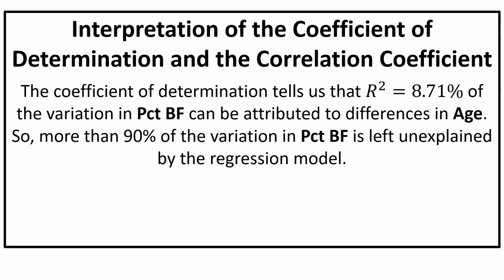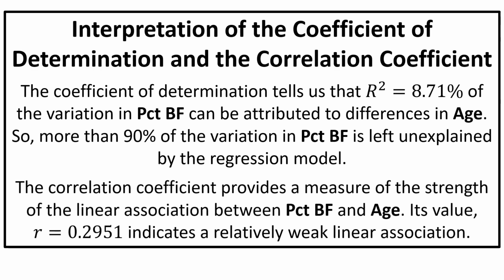Probably most of this unexplained variation, however, is due to individual differences. So differences in people's health status, in their diet, in how much sleep they get, how much exercise they get, what kind of job they have. All of those differences, not to mention genetic differences, would contribute to most of the unexplained variation in this scenario.